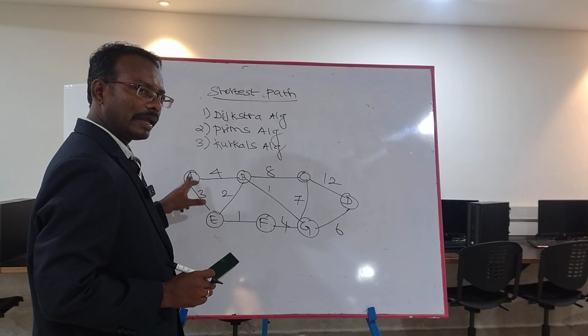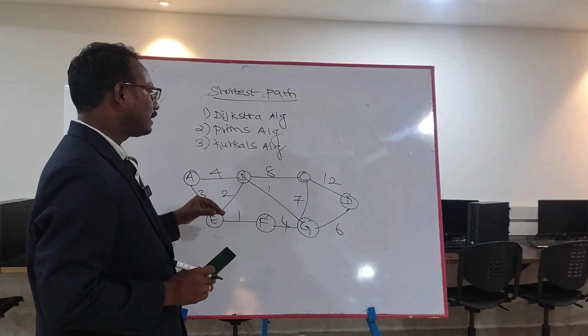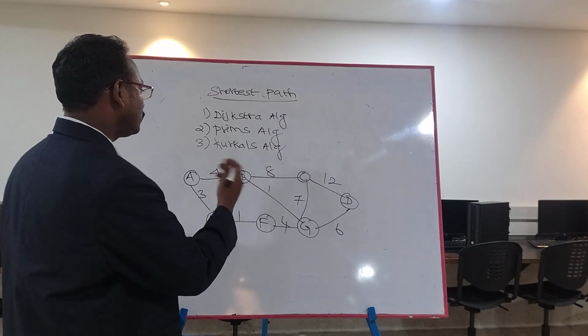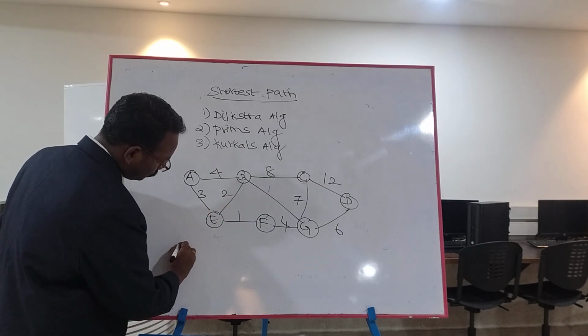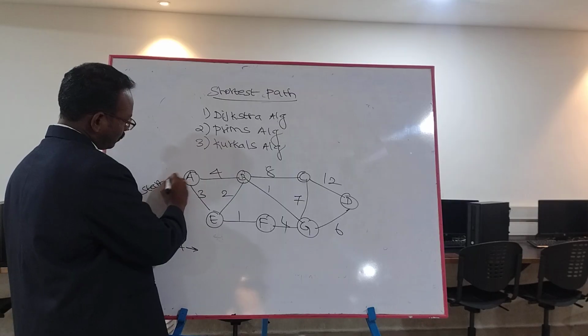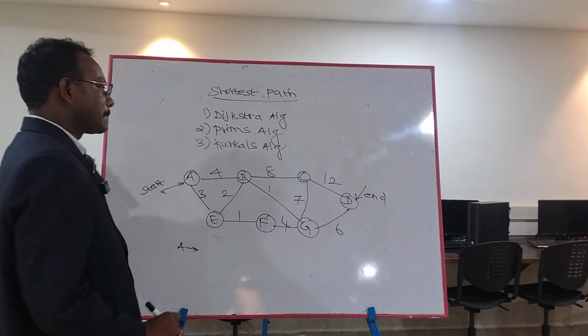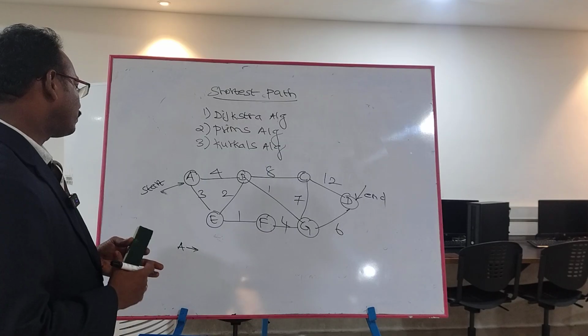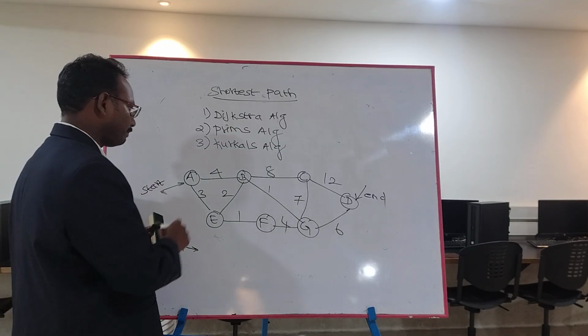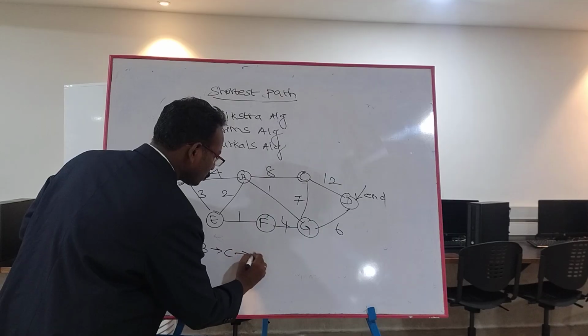For example, A is a node, starting node, and D is the ending node. We can define n number of paths here, from the start to the end. The various paths are A, B, C, D. This is one of the paths.